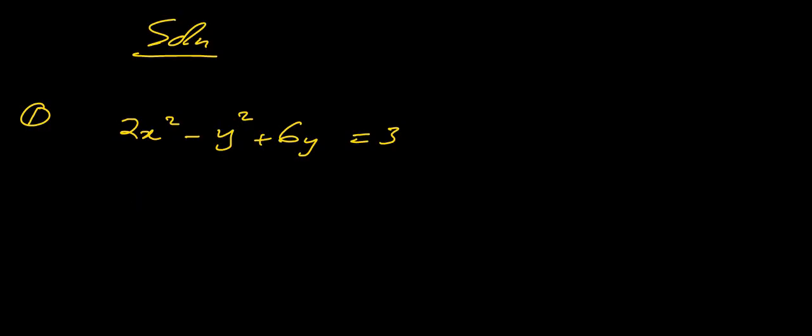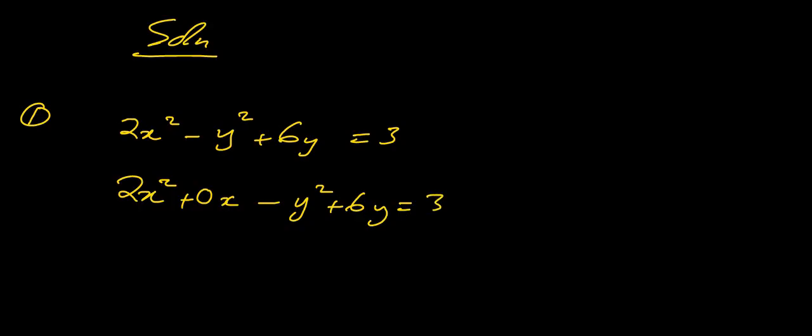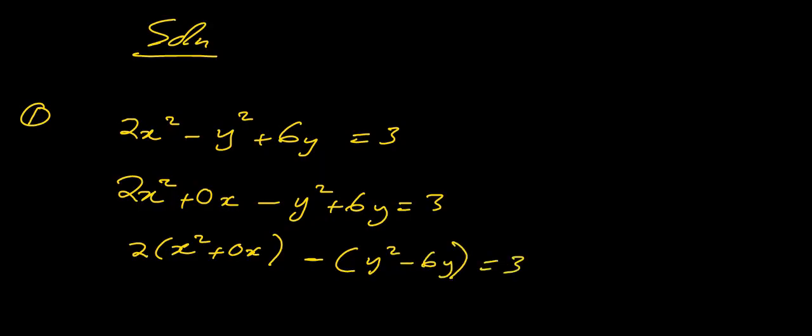It's like there's 2x squared plus 0x minus y squared then plus 6y is equal to 3. So I just have to complete this. If I complete the square here, I'm having 2 times x squared plus 0x, then here I'm getting negative y squared minus 6y is equal to 3.